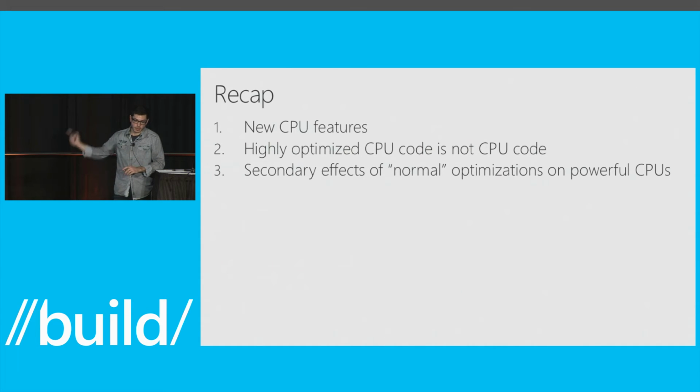And then that awesome store buffer issue, where normal optimizations can have pretty crazy secondary effects on powerful CPUs. And it's only going to happen on powerful CPUs. And again, it's only going to get more interesting as CPUs get more powerful.